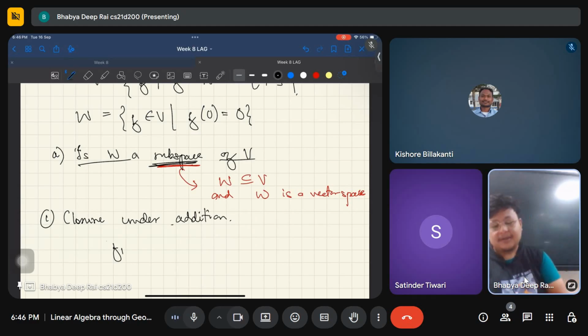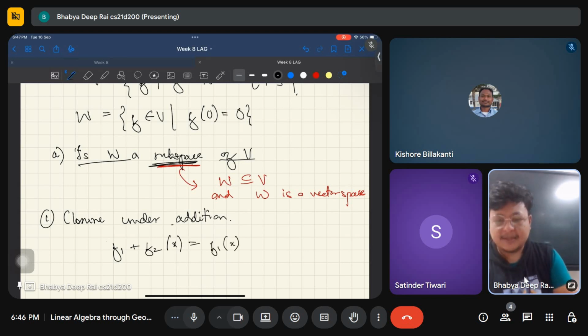Okay, great. So, as I was saying, what does it mean to add two functions? The most natural way to add two functions f1 and f2, and a function always takes an argument, is that I take x, evaluate the first function at x, and add it to the evaluation of the second function at x.